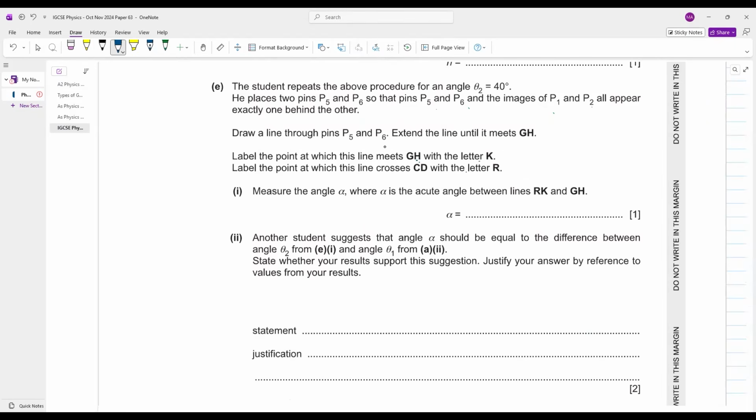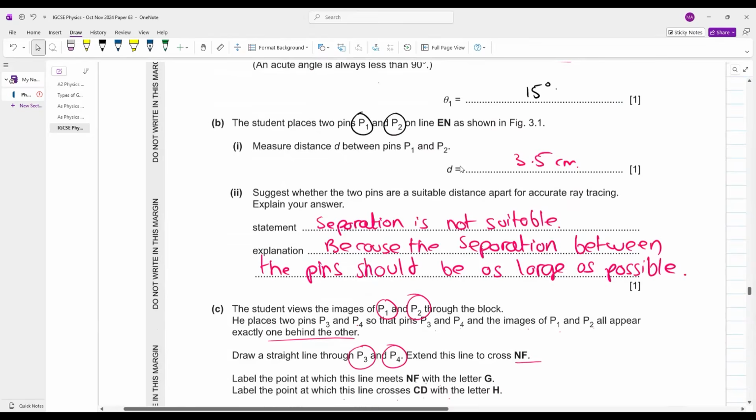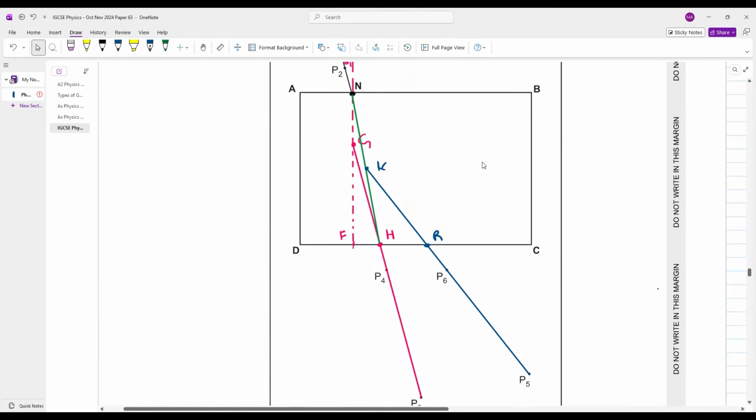Okay. Measure the angle alpha, where alpha is the acute angle between RK and GH. You have to find the angle between RK and GH. Okay, I think, yeah, I marked this K wrongly. One second, let me rectify my mistake. Okay. K is the point where the line through P5 and P6 meets GH.